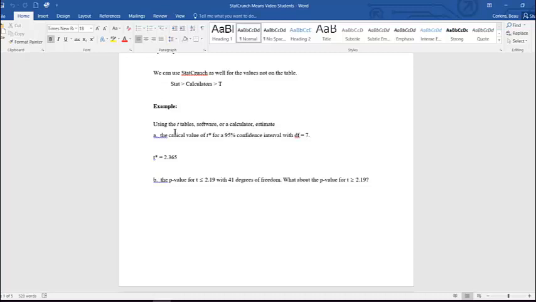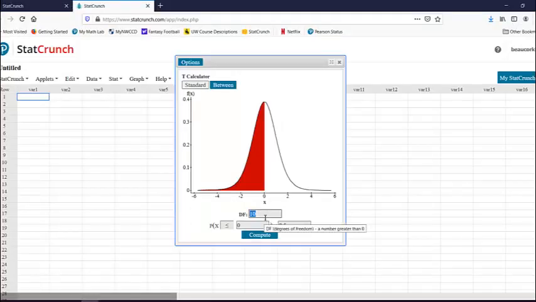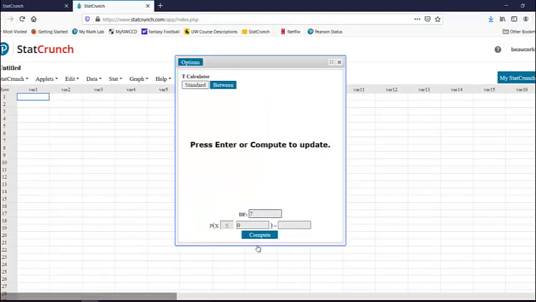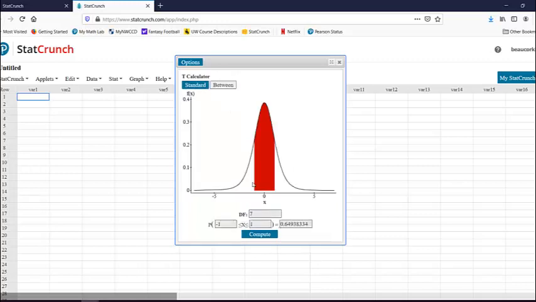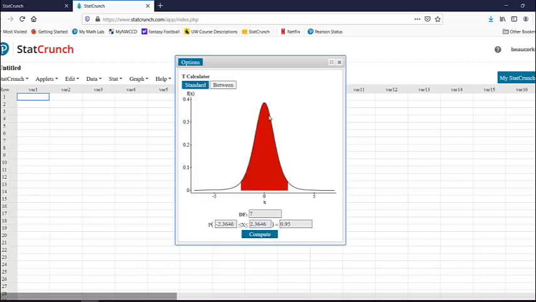So what we want to find specifically, using the StatCrunch calculator, is the critical value t star for 95% confidence with 7 degrees of freedom. So 95% in the middle with 7 degrees of freedom, which means the sample size was 8 because degrees of freedom is n minus 1.